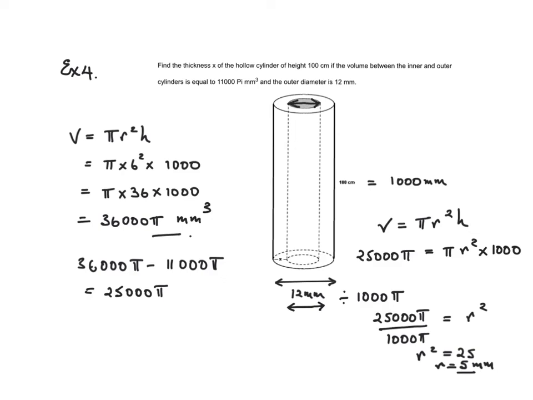So that is 10 millimetres. 12 take away 10 is 2, and then if we divide that by 2, we get 1 millimetre. 1 millimetre then is this distance here, 1 millimetre here, and 1 millimetre here. So the value of x is 1 millimetre. That was a tricky question.